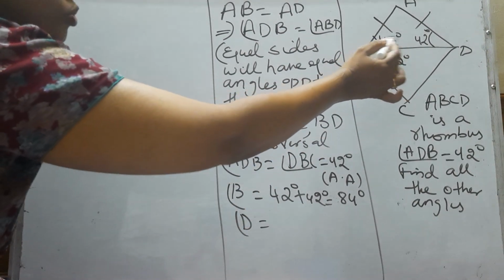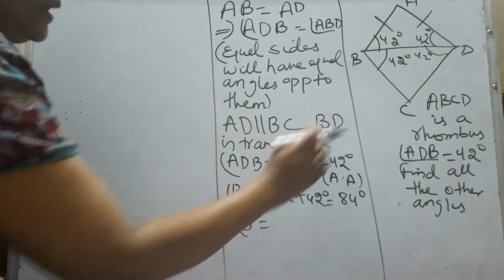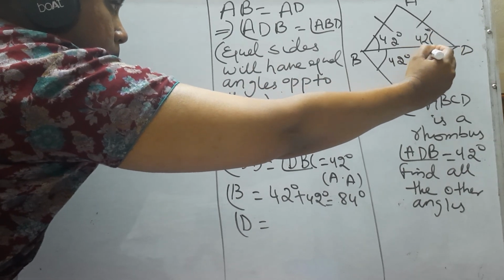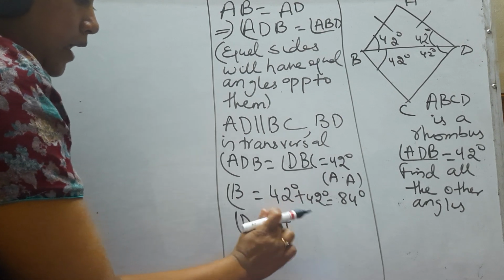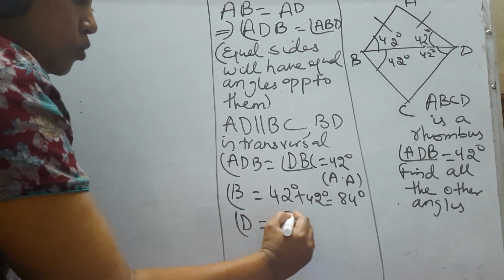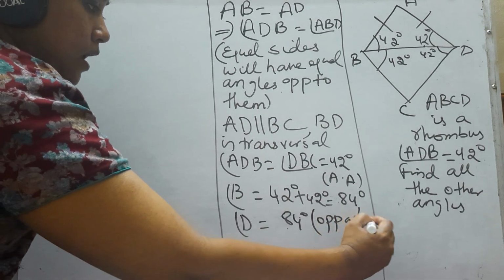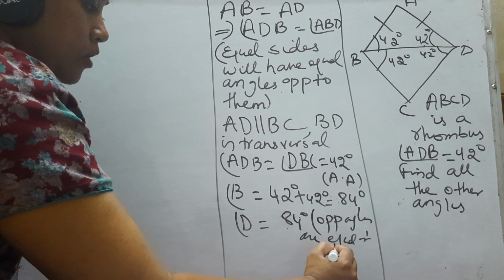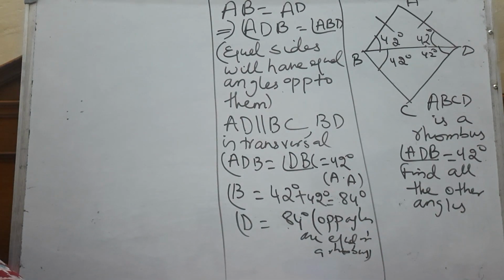Anyway, you can check like this also: this and this are alternate, this and this also alternate, so angle D is also 84. Here I can use that opposite angles are equal in a rhombus. Now we have angle B as 84 and angle D as 84.